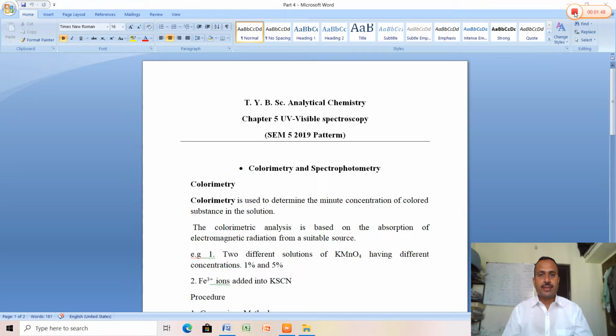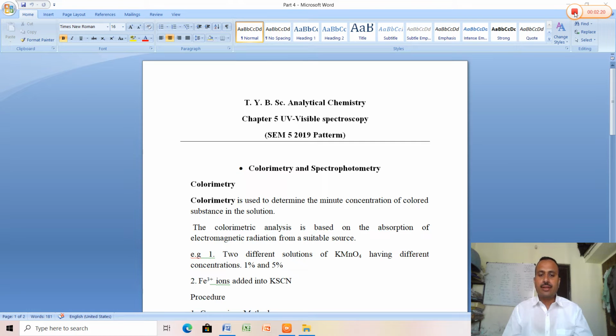In colorimetry, basically a colored solution is employed to determine the intensity of the solution. From that intensity, we determine the concentration of that solution. For colorimetry, the solution must be colored. That is the first condition. So colorimetry is used to determine the minute concentration of a colored substance in the solution.